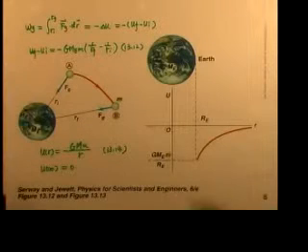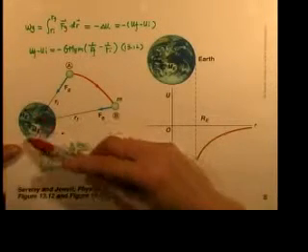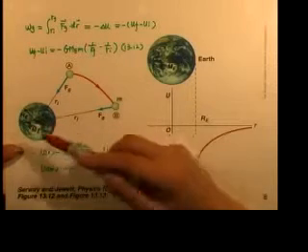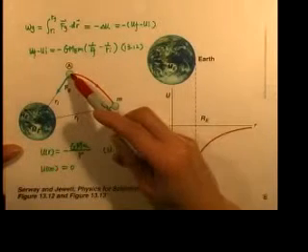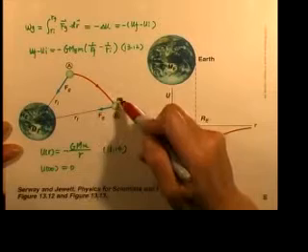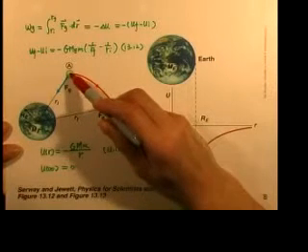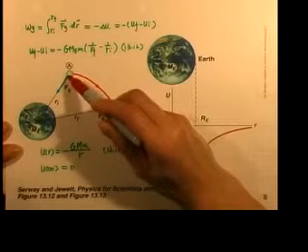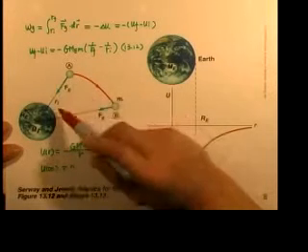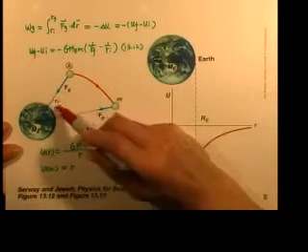First of all, let's look at the situation. If this is Earth, with the mass of Earth assumed at the center, and we have a particle right here of mass little m. Initially, it is located at point A, under the influence of gravity Fg, with initial position vector r of i.